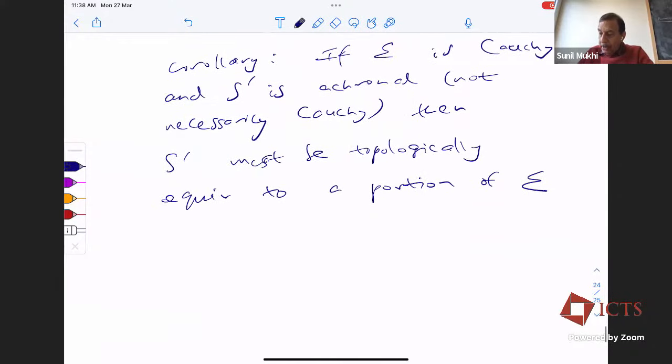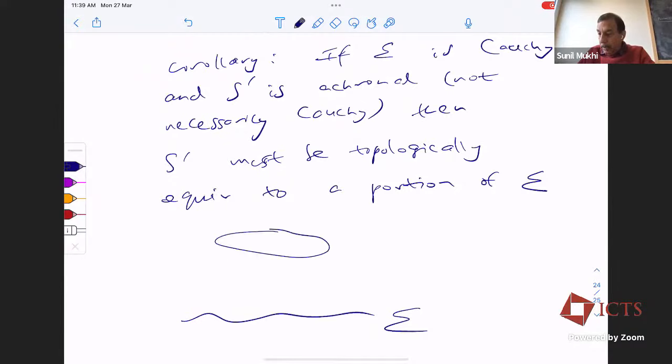So what does this corollary say? I think if I draw one picture, you will understand. This is sigma again, but now let me take S prime not to be Cauchy, and let me just take it to be a circle. Now you see, this circle is not topologically equivalent to this sigma, which I've drawn as a line. I'm just imagining a special case.